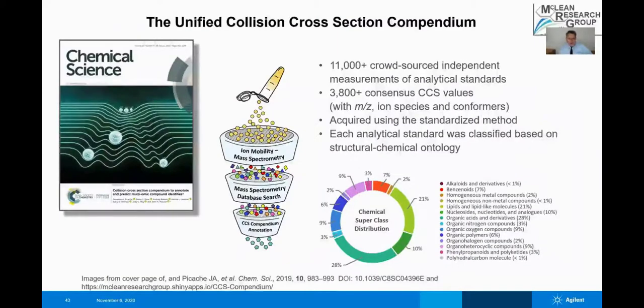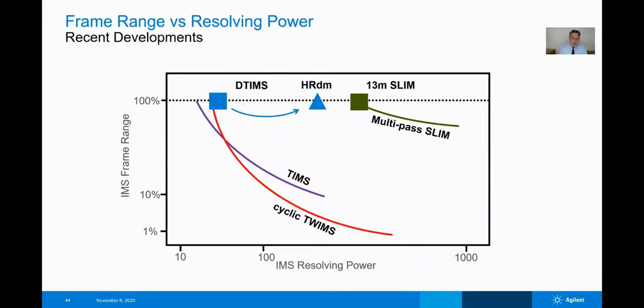And these same techniques and workflows have been used at the McLean lab to generate the collision cross-section compendium, which has brought data together from many labs to have a large compendium with extremely good agreement. I believe 0.6 is a typical search space that we can use for agreements. That's percent.